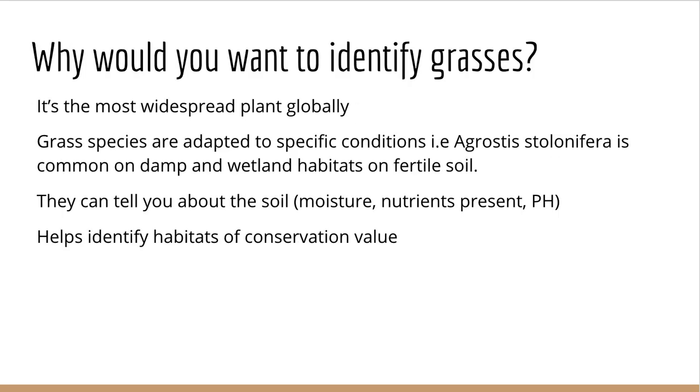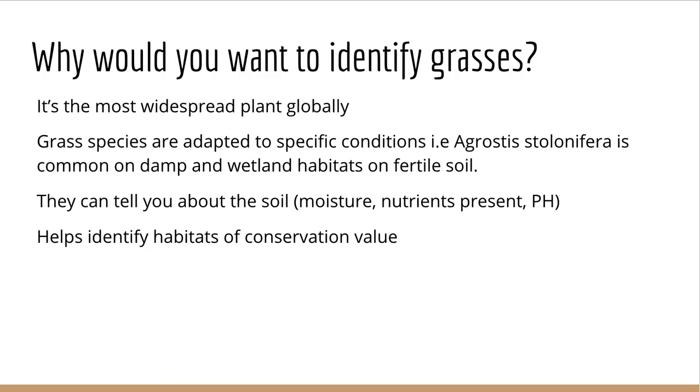So why would you want to identify grasses? It's the most widespread plant globally. It covers a quarter of the world's available surface area, and grass species are adapted to specific conditions. For example, Agrostis stolonifera is common on damp and wetland habitats on fertile soil.